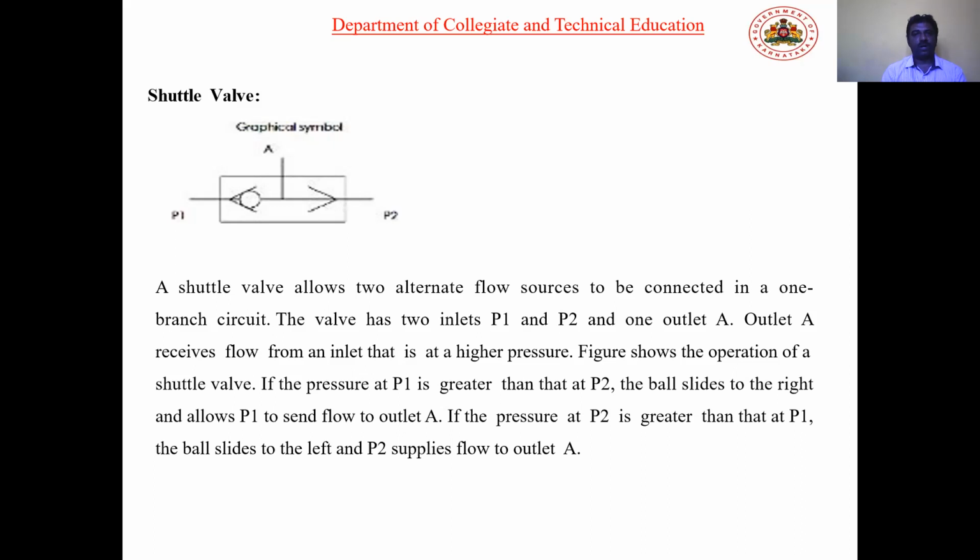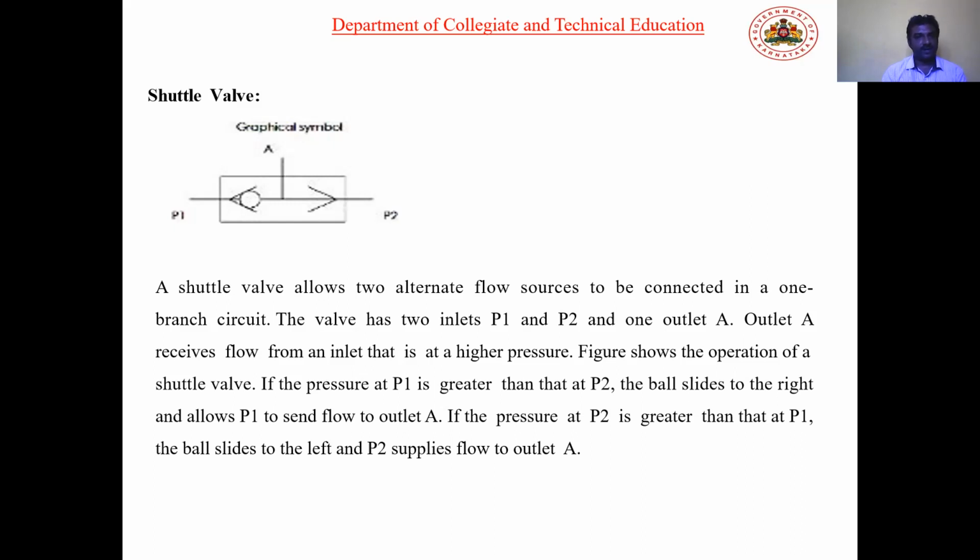So we have two alternate flow sources connected in one branch circuit, two inlets P1 and P2, and both are connected to the outlet. Whichever pressure is higher supplies the flow to A. If the pressure at P1 is greater, the valve slides to the right and allows P1 to send flow to the outlet.